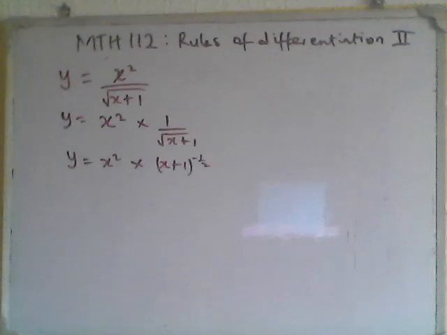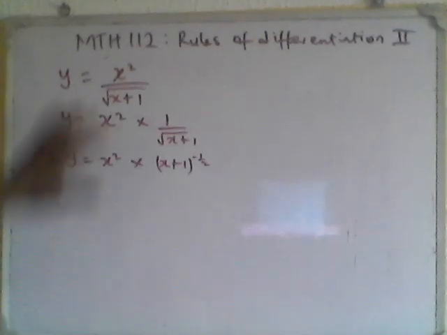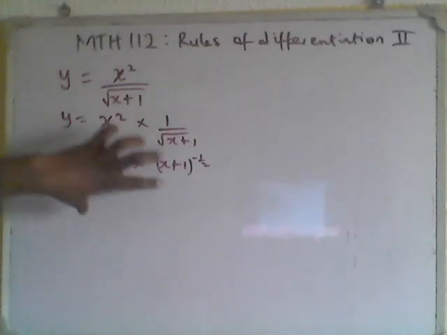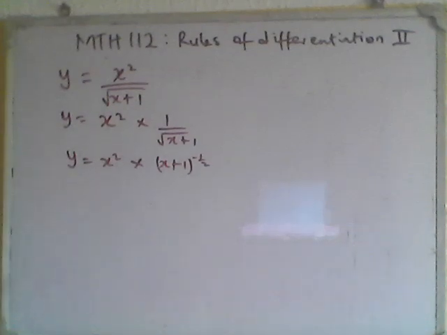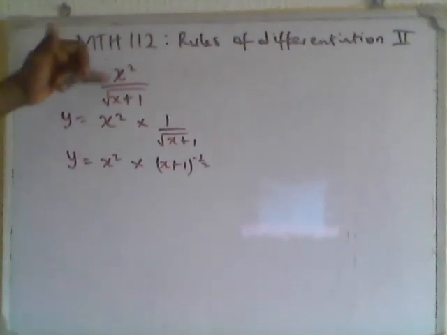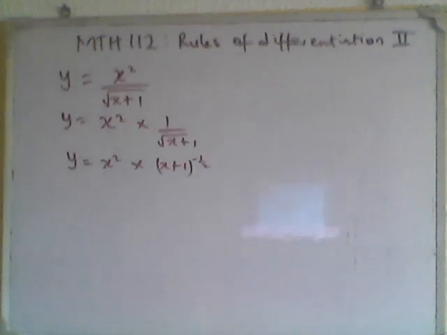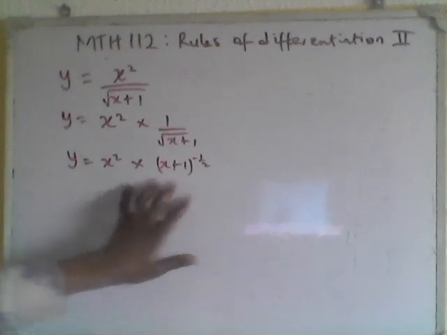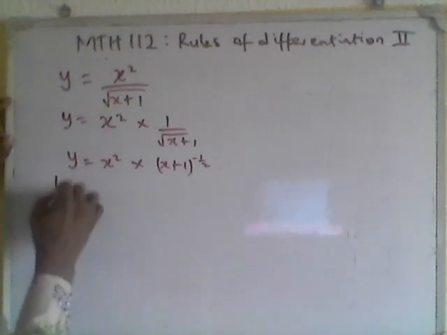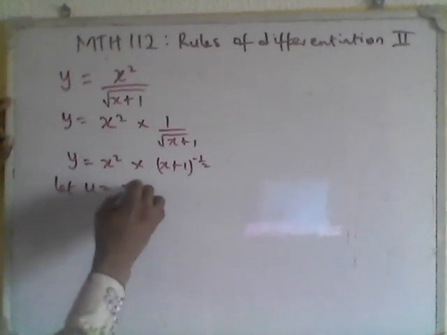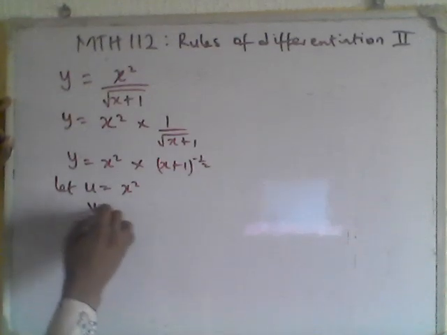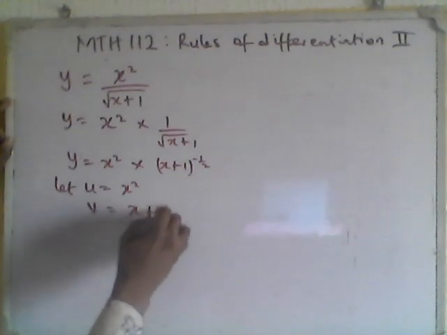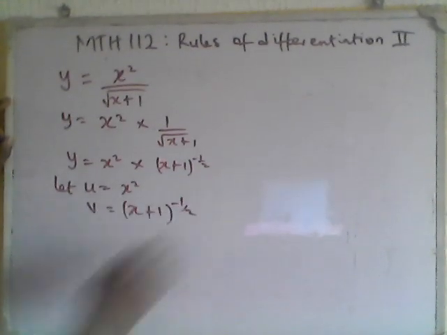So sometimes when you see some complex expression, first of all, see how you can resolve it to the standard product of two functions. This is actually a quotient. I can use quotient, but I will leave that one first because we're looking at chain rule today. So I can now say, let u be x squared, and let v be x plus 1 all to the power minus 1 over 2, right?